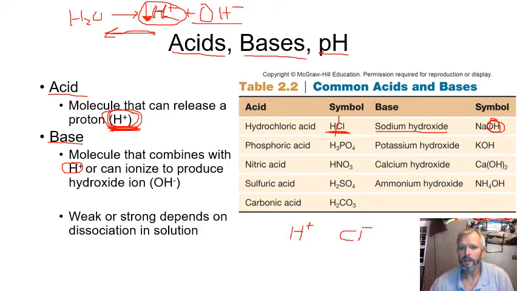All of the hydrochloric acid I put in, all those molecules of HCl, are going to convert and add a lot of these to the solution. Remember, if a molecule can release a proton, it's an acid. In this case, hydrochloric acid releases this, and because it all dissociates, it would be considered a strong acid.